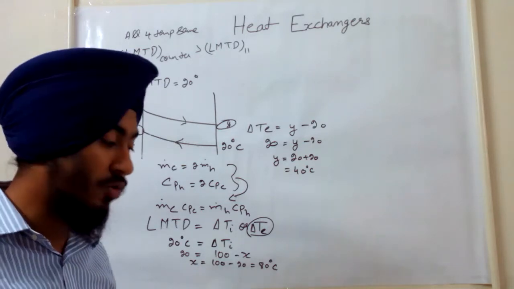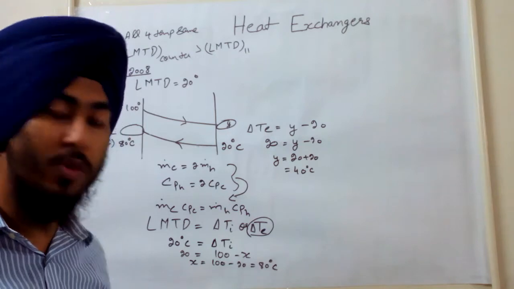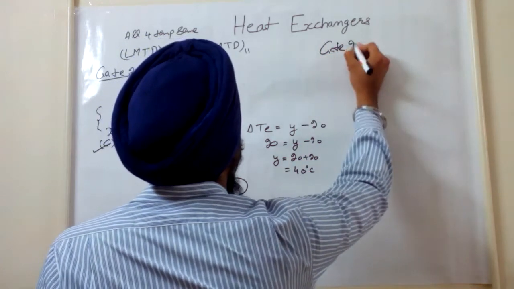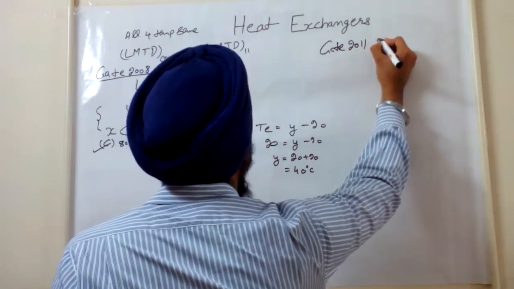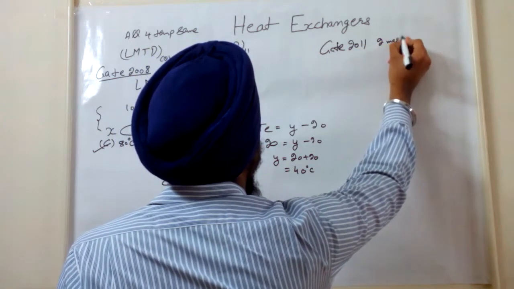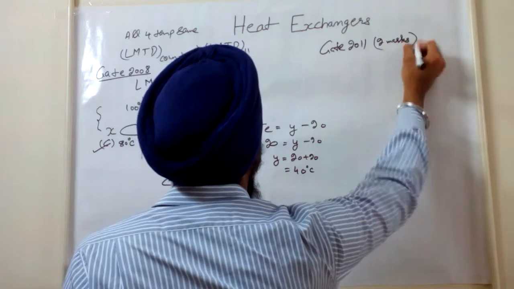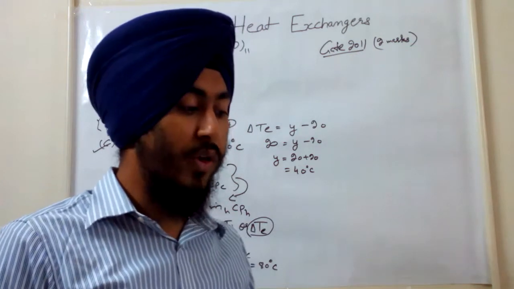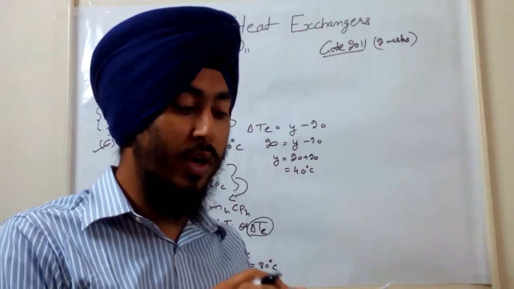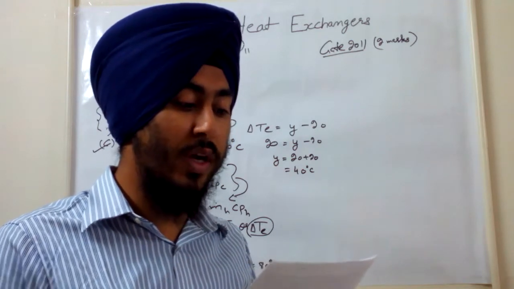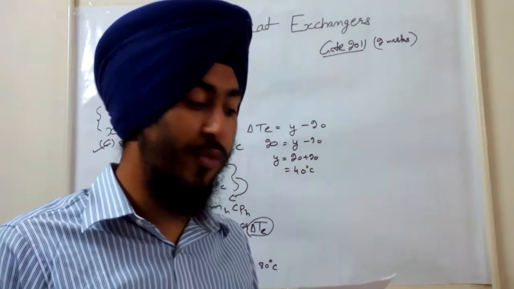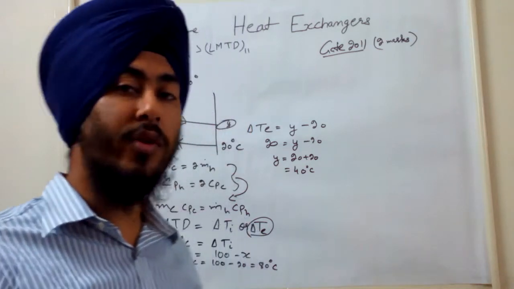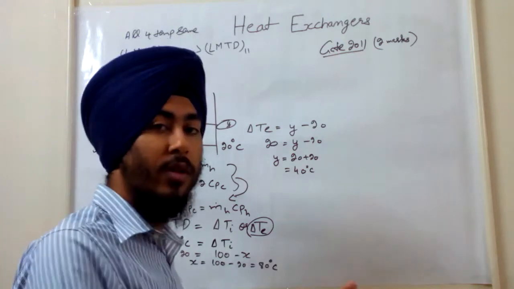Now let us do another question. GATE 2011, 2 marks question. In the question it is given cold water flowing at 0.1 kg per second is heated from 20 to 70 in counterflow heat exchanger. So again it is counterflow. How to start this problem?